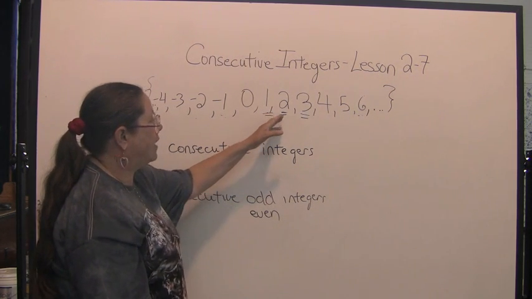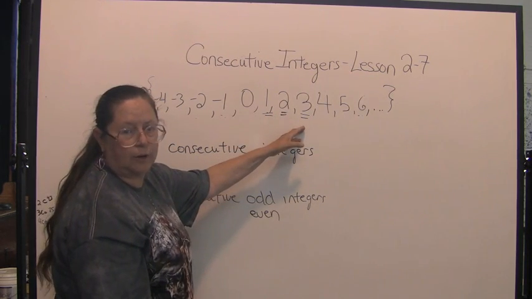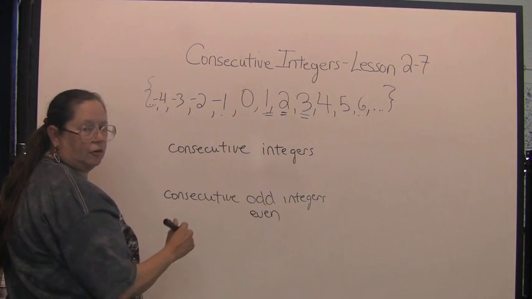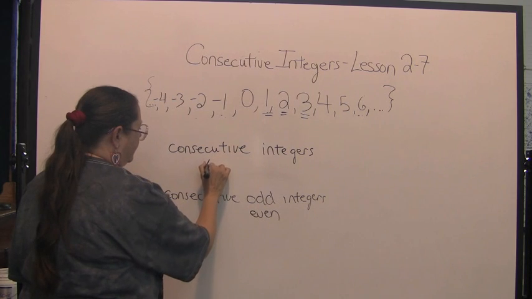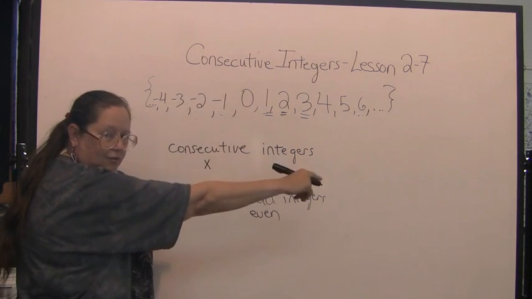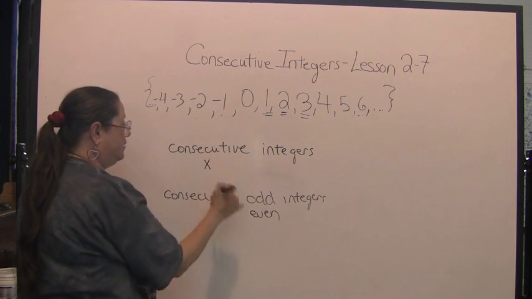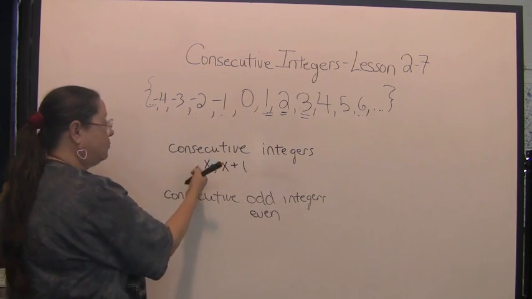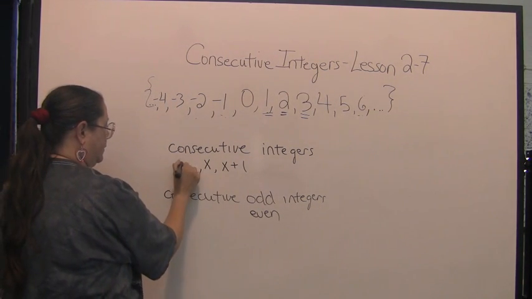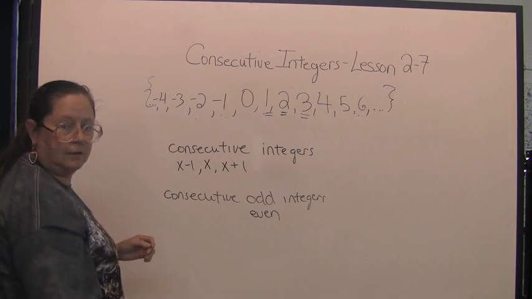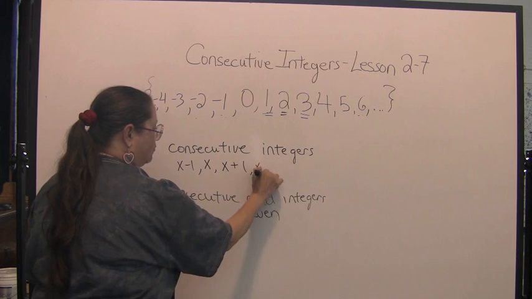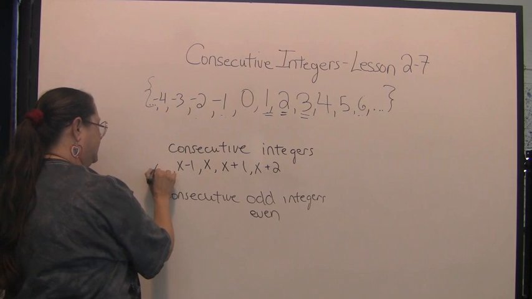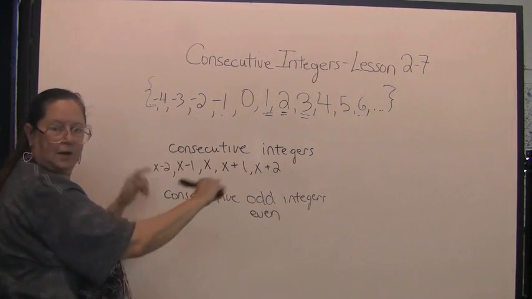To go from 1 to 2, I add 1. From 2 to 3, I add 1. From 3 to 4, I add 1. So if I have an integer and I call it x, to get to my next consecutive integer, I add 1 to it. To get to the smaller one, going back this way, I would subtract 1. Keep going this way, I'd get x plus 2, and so on. To go the other way, I'd get x minus 2, and so on.